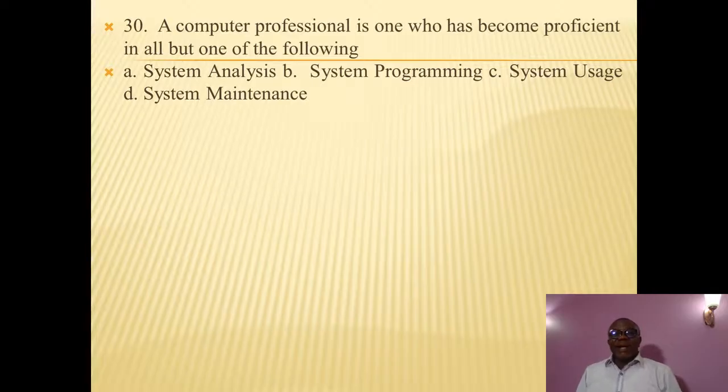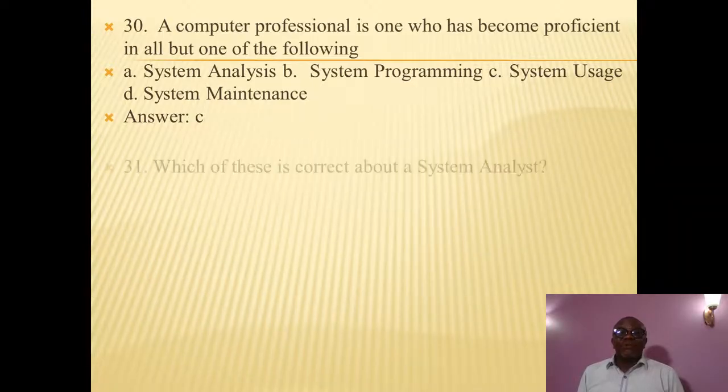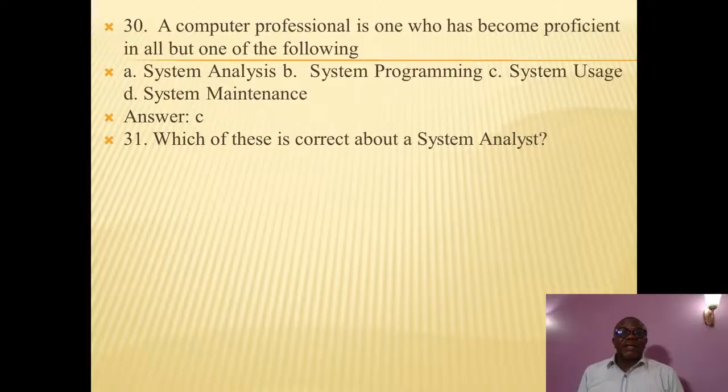So it's clear that just somebody that uses computer is not a professional, but somebody that repairs or maintains computer systems, we call the systems engineer. So you see that C, which is system usage, is not a professional, and you don't have to be proficient in any special area of the computer to use it.